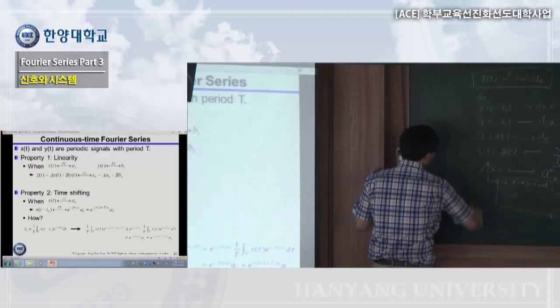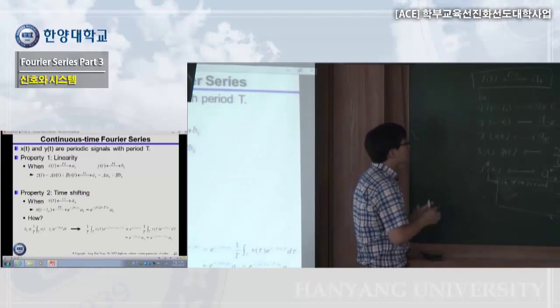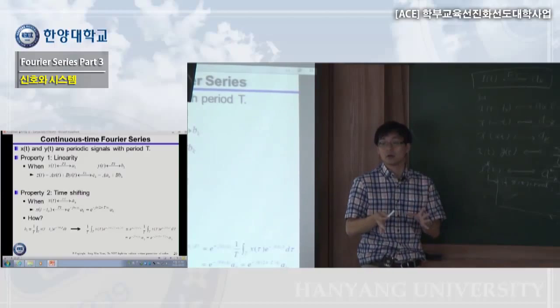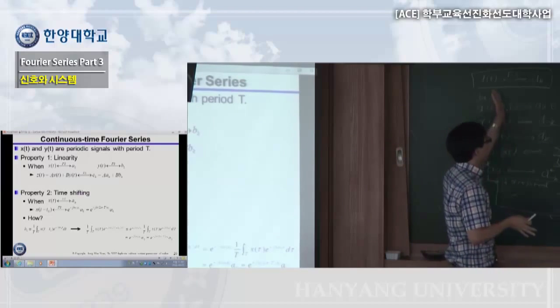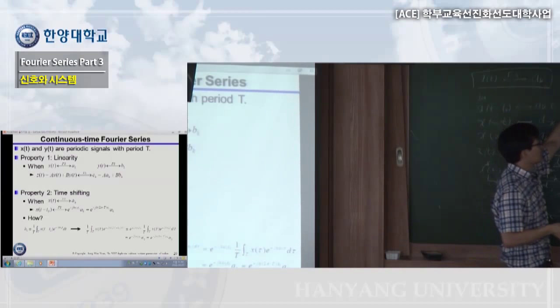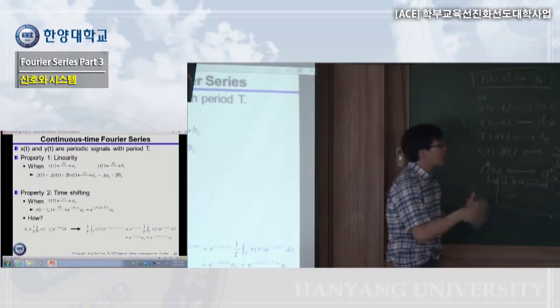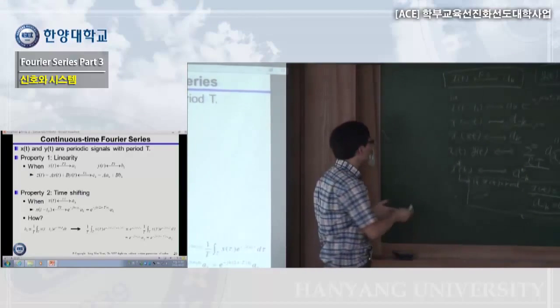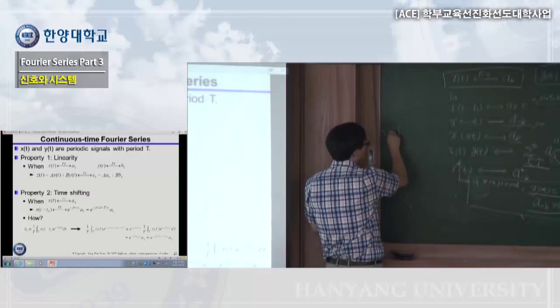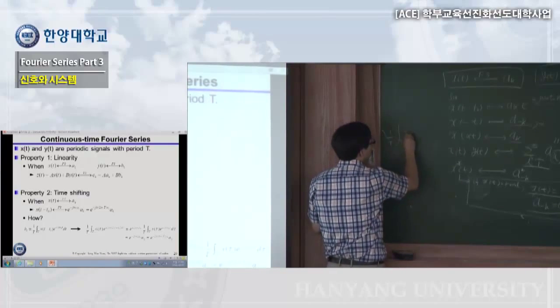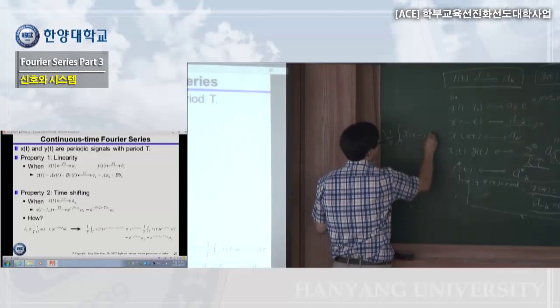So what this shows so far is, if you already know the Fourier series coefficient of x or of y sometimes, then you can avoid the calculation, the integral over one period of some function xt.